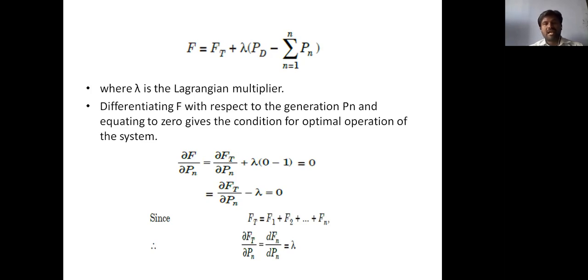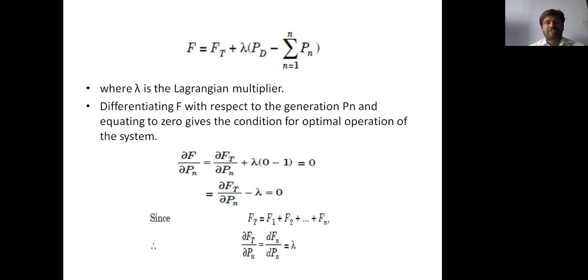Once the auxiliary function is minimized, the main function is minimized along with the constraints.